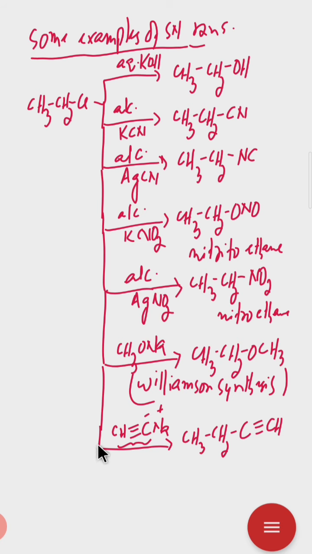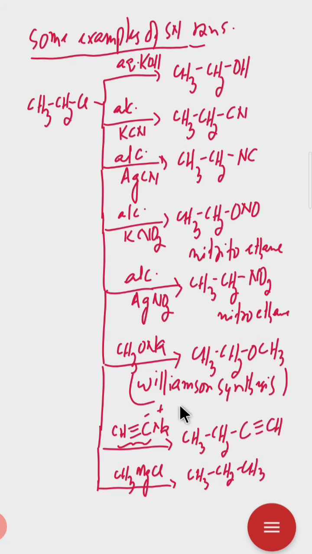Okay, one more last nucleophile can be Grignard reagent, so we can react this with methyl magnesium chloride. So this methyl group will be acting as nucleophile to attack this carbon to displace this Cl, so we will get propane as the product, right?